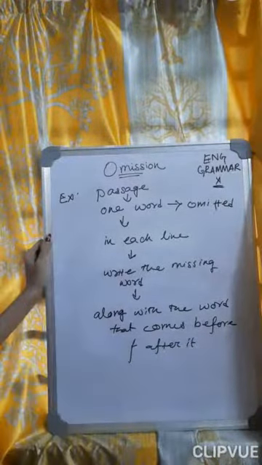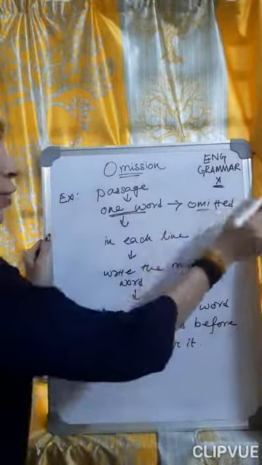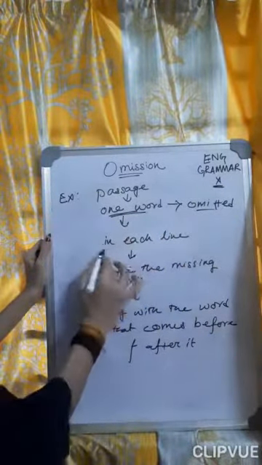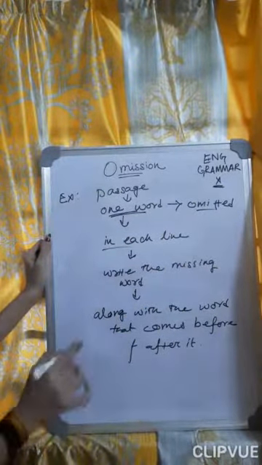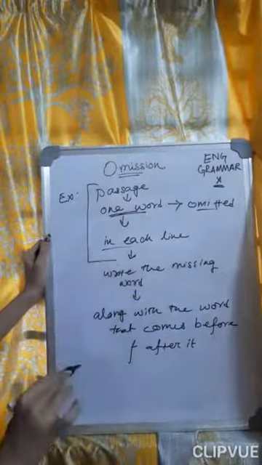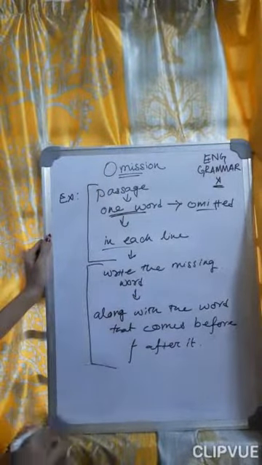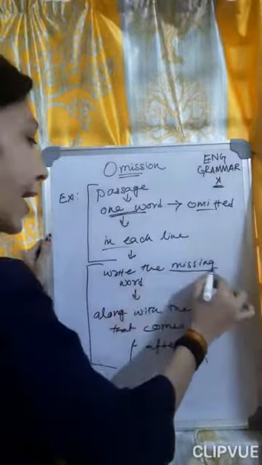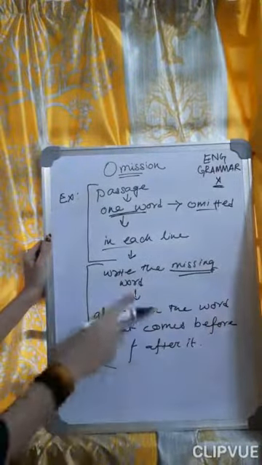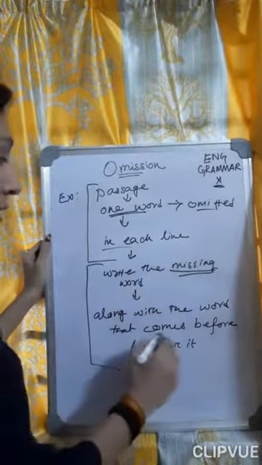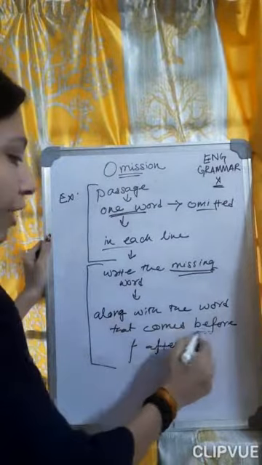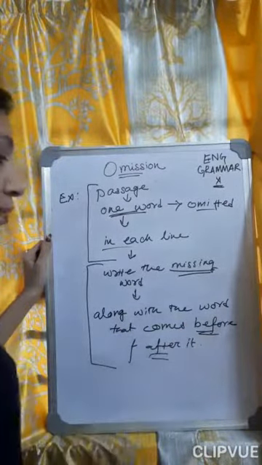So a passage will be there from which one word will be omitted. Where? In each line. So this is going to be your question and this is going to be your answer. You have to write that missing word and two more things: the word that comes before it and the word that comes after it.